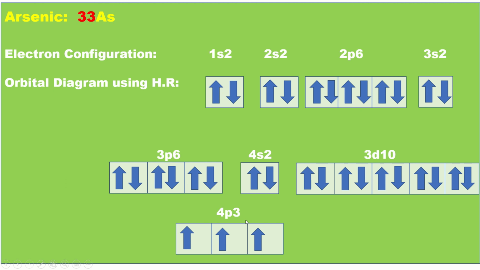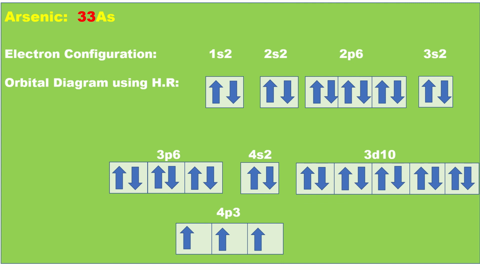Using the orbital diagram with Hund's rule of multiplicity, remember that there is 1 orbital for s, and to represent that you can use a single box for 1s2, then put 2 spins or 2 arrows in opposite direction, following the Pauli exclusion principle, which states that the electrons should be in opposite directions.